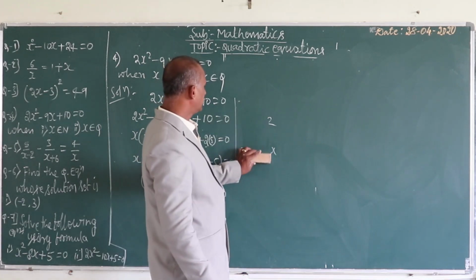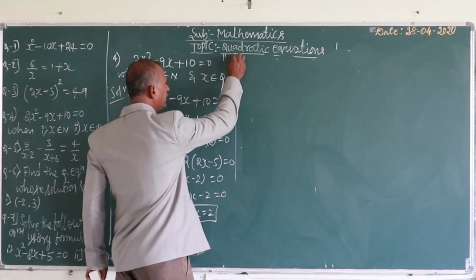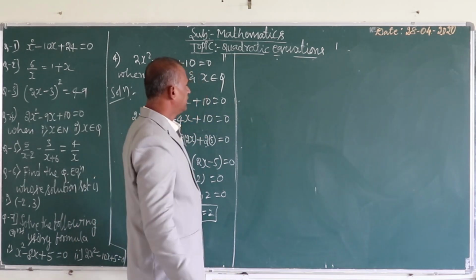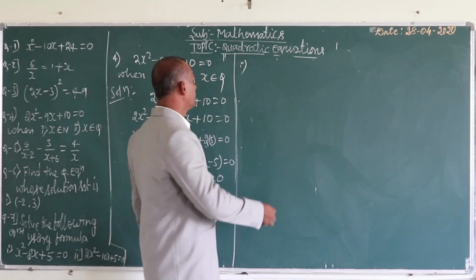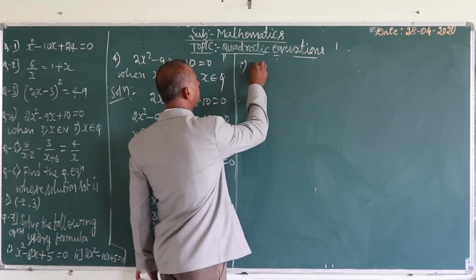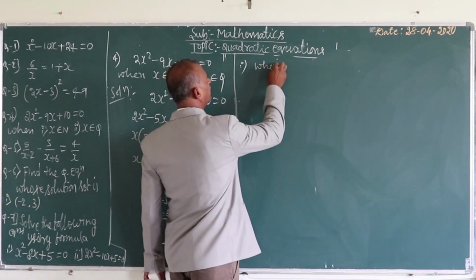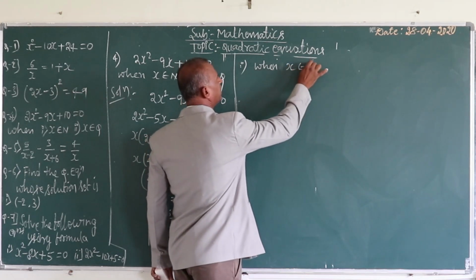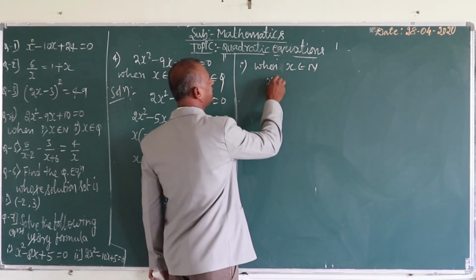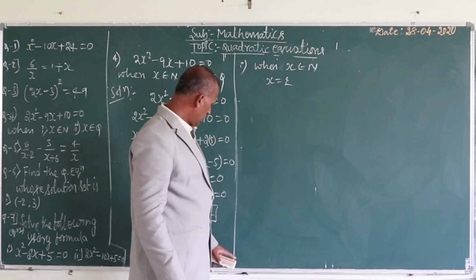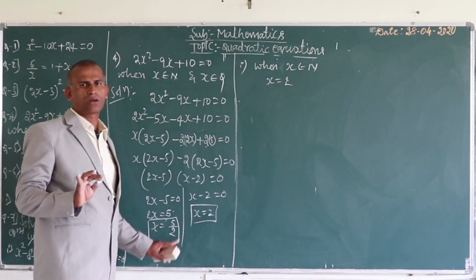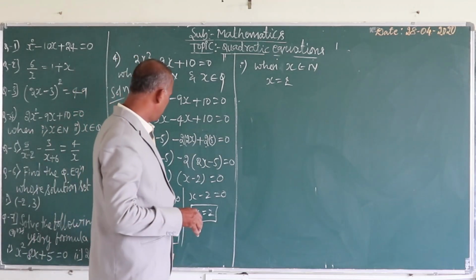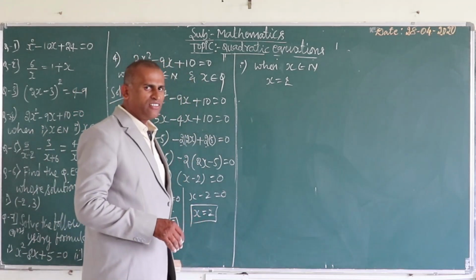Again, what did they ask here? The first condition, when x belongs to N, means we have to write x is equal to 2 only. 2 we got is a natural number, but 5 by 2 does not belong to the natural number group because it is in fraction form.